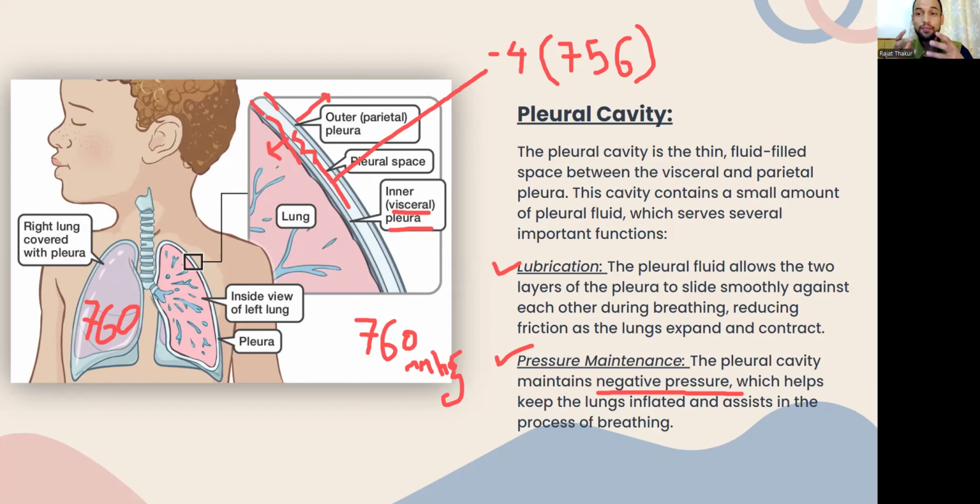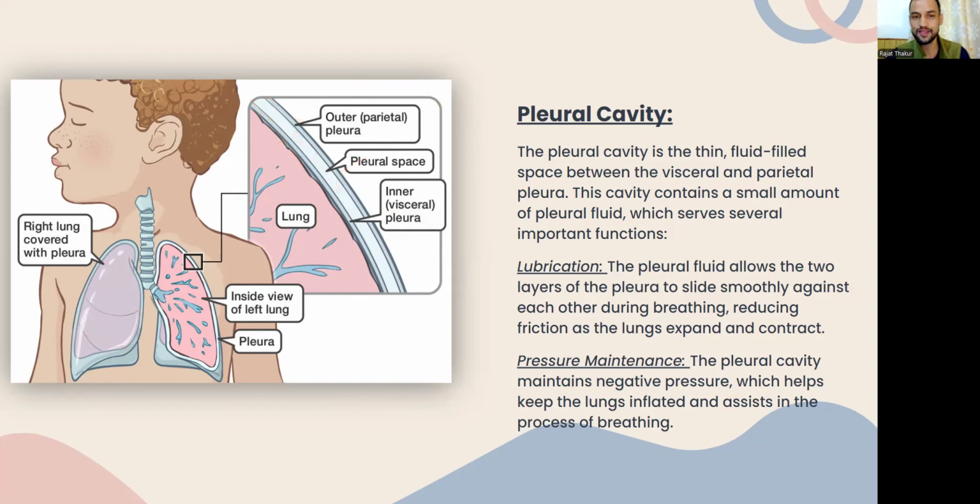The lungs would deflate if the atmospheric pressure is 760 and the pressure of the lung is 760. Simply, it means there is zero pressure difference here. It means the lungs are just deflated. So the negative pressure of the pleural cavity will help to keep the lungs inflated so that they don't collapse.